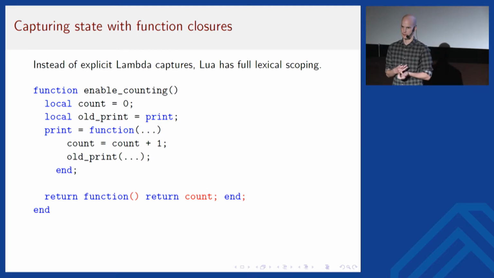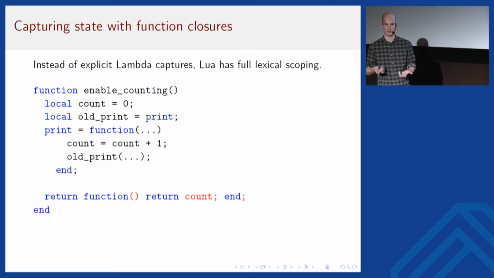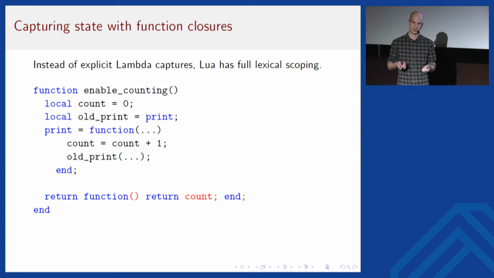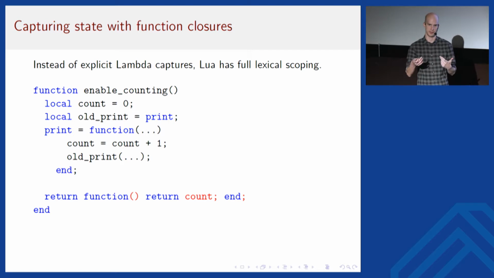So I just return a function that gives me back the count, okay? And so whoever calls enable counting would save this function that is returned from the enable counting call and then can invoke that whenever he wants to get back the current value of the count.